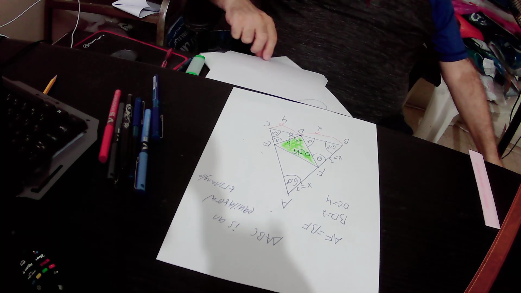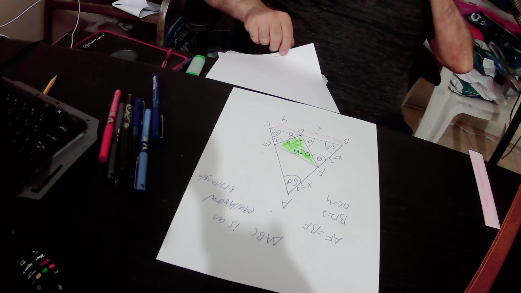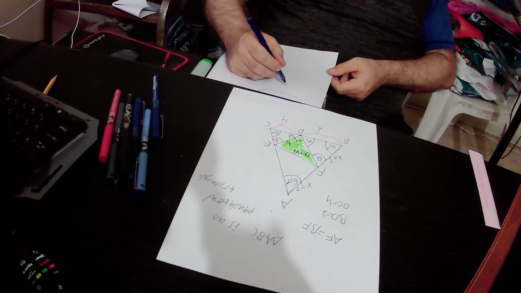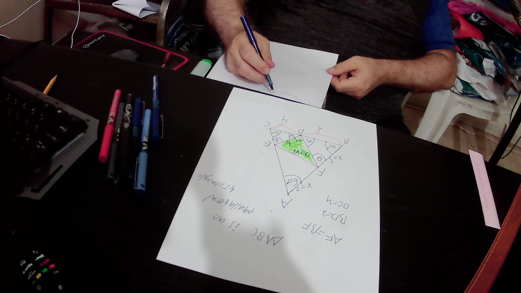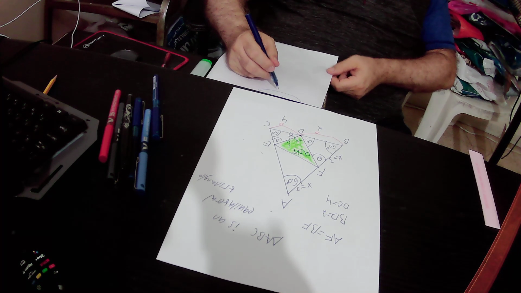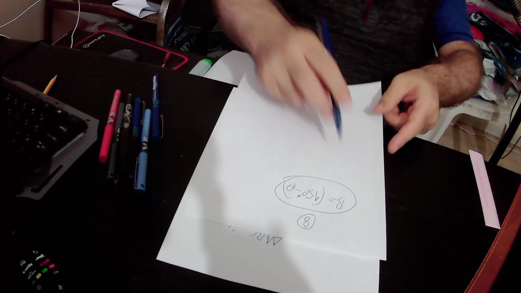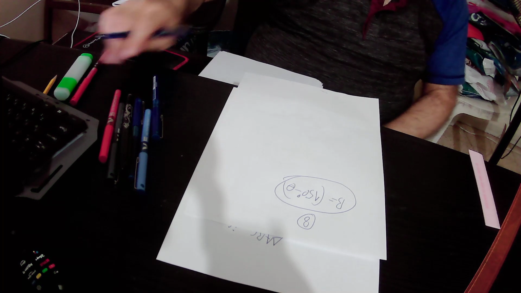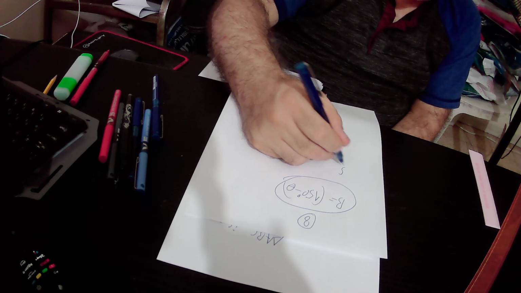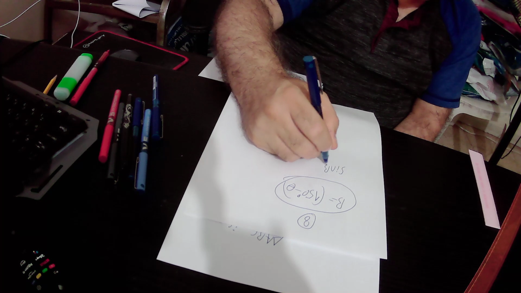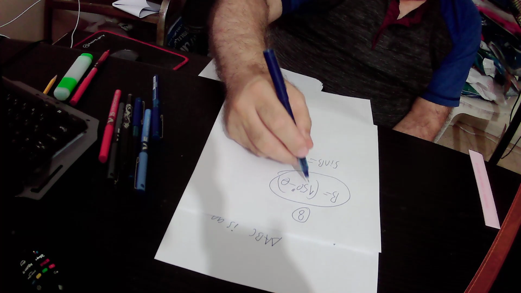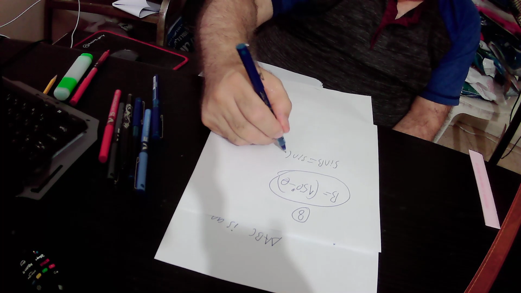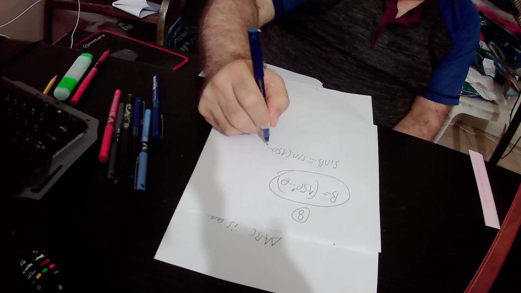So, actually, if beta equals 150 degrees minus theta, then sine beta will be equal to sine of 150 degrees minus theta.